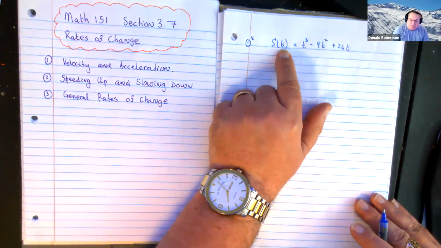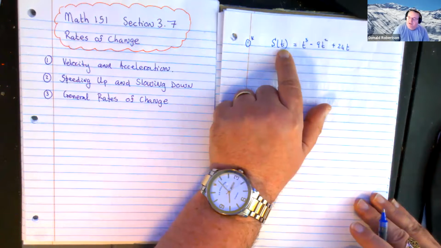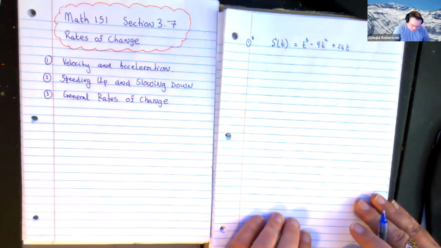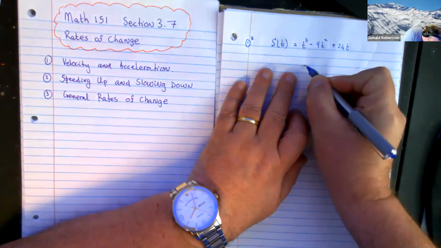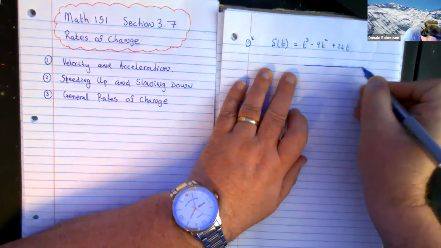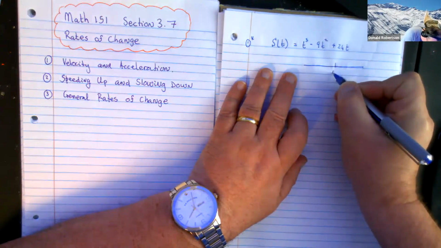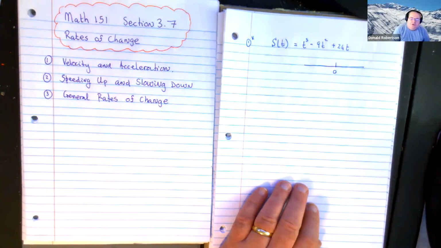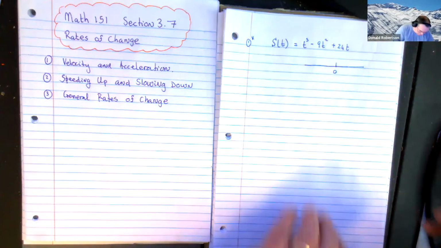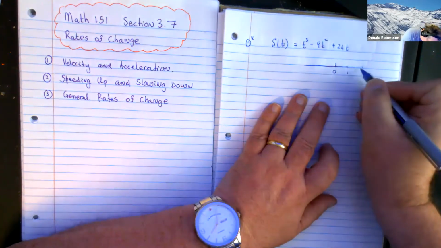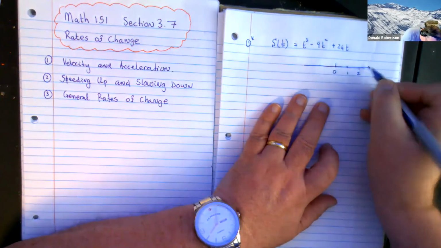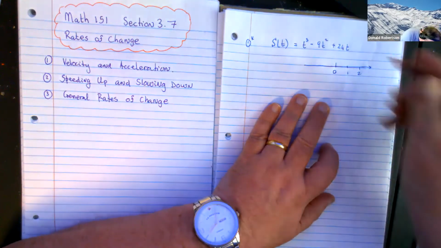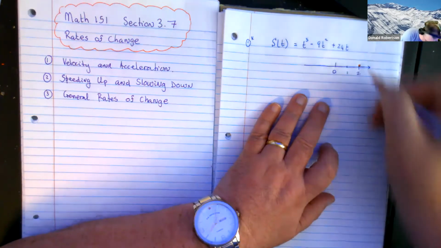Now, position can be positive and it can be negative, which seems a bit strange, but it's allowed. So I want you to just imagine that position 0 was your house, and outside your house's front door, you could turn right or you could turn left. So if I said to you, you were in position 2, that would be here, right?